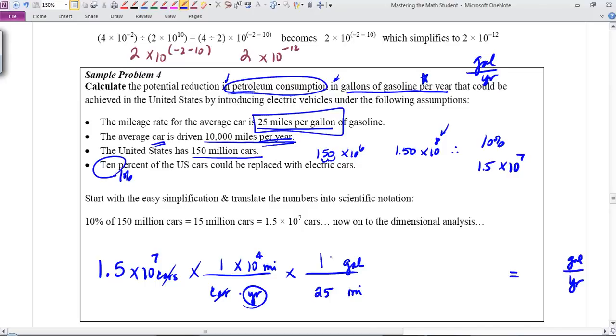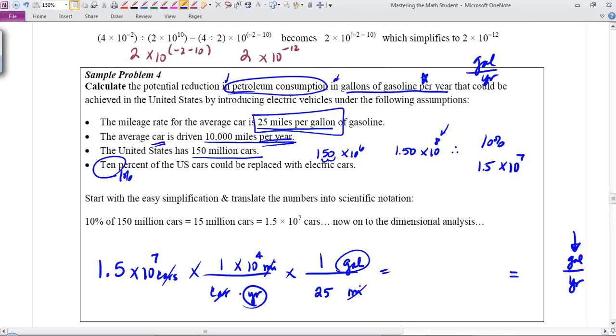So now, what else have I got going on here? That's it. That's all I need. My miles will be gone, and I'll have gallons per year. So the technique you just watched me do, you notice I circle my units, and I do only my units first, because there is absolutely no reason for me to waste a single brain cell on the math if the units are not going to deliver the units of my answer.